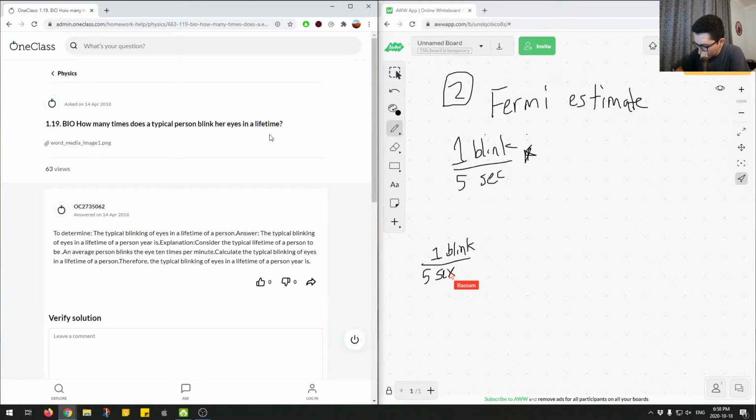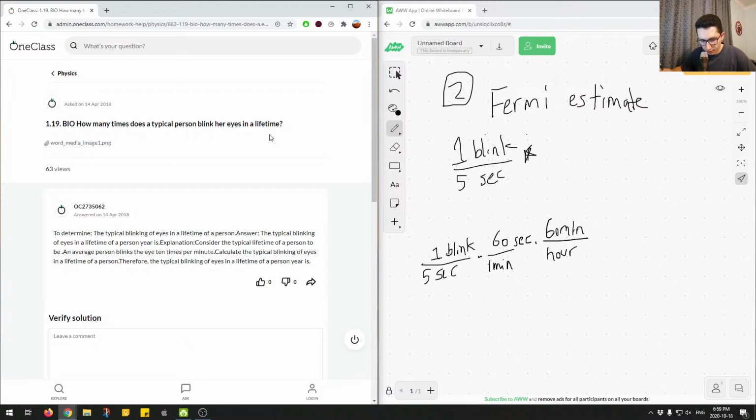Then we multiply that by 60 seconds per minute. So here we have seconds, and then we'll multiply that again by 60 minutes per hour. Essentially we're just using conversion rates until we get to the lifetime.